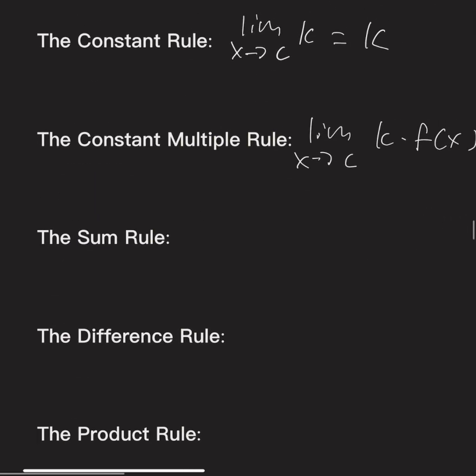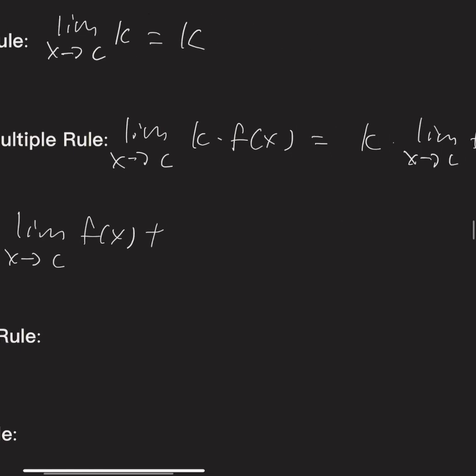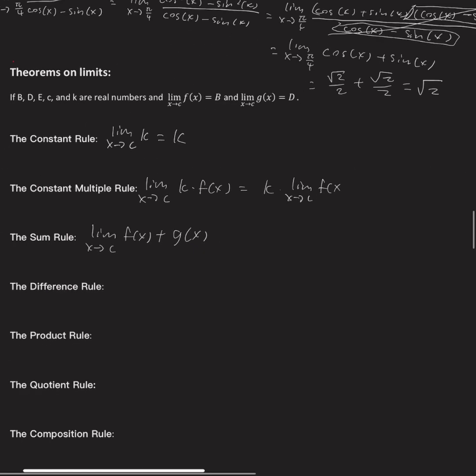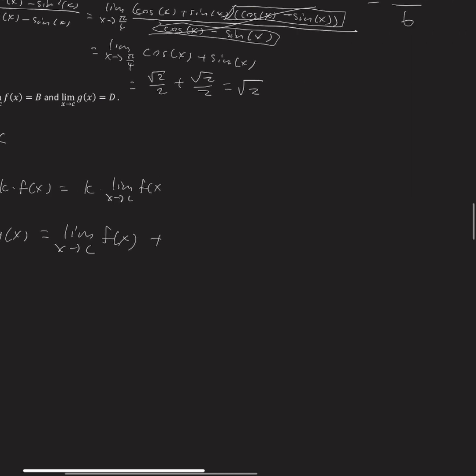The sum rule. We have the limit as x approaches some number c of f of x plus g of x. That is equal to the limit as x approaches c of f of x plus the limit as x approaches c of g of x.